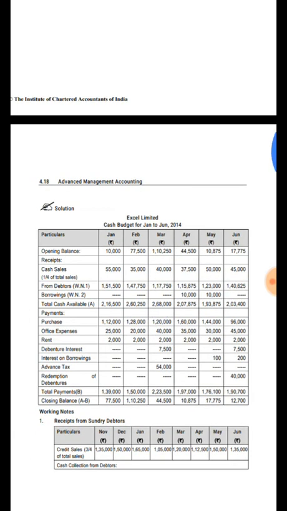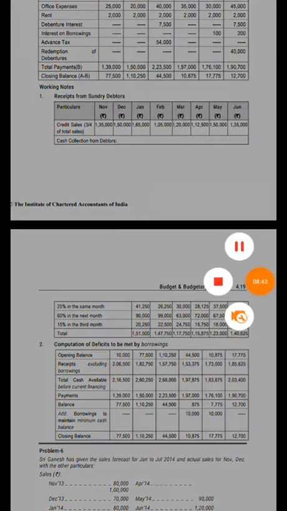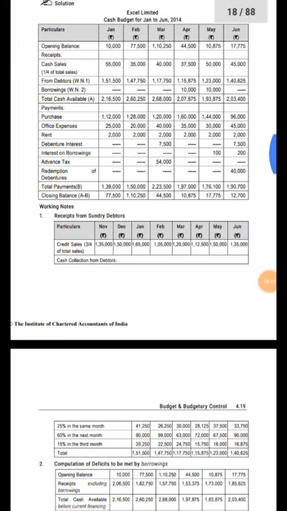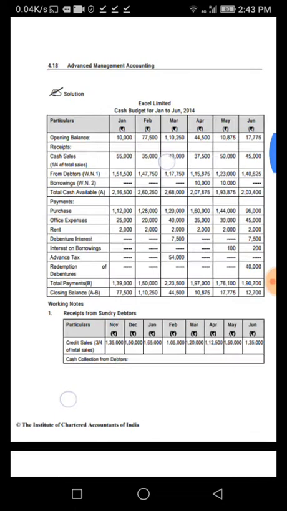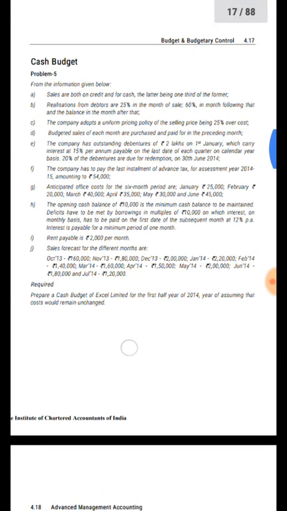Then from debtors, whatever we calculated here, we'll take it just like that here. Then leave one row for borrowing. If any borrowing is there, we'll see at that time. Anything else we are receiving?